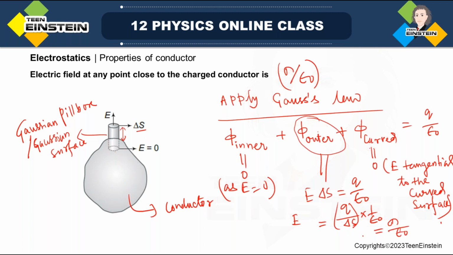So the electric field at any point very close to the charged conductor is E equal to sigma by epsilon 0. So this is proved.